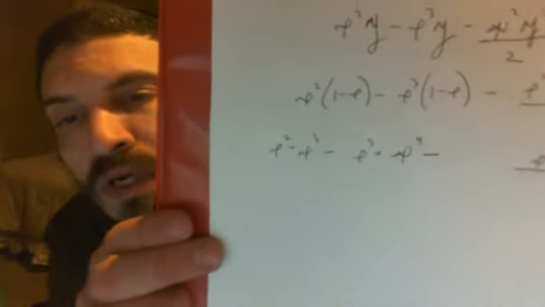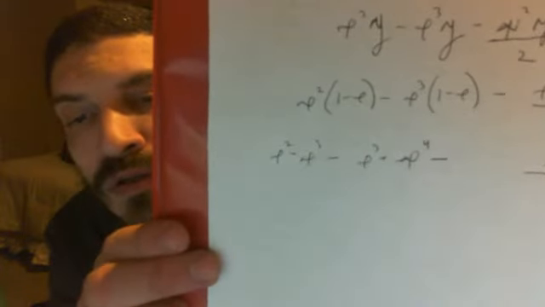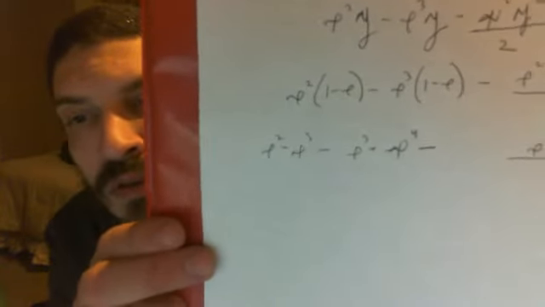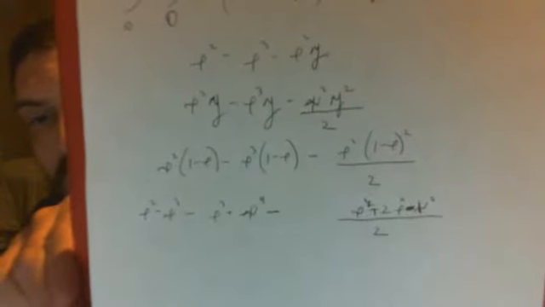Show it to you on the screen. X squared minus x cubed plus x4 minus x4 plus 2x squared minus x squared.